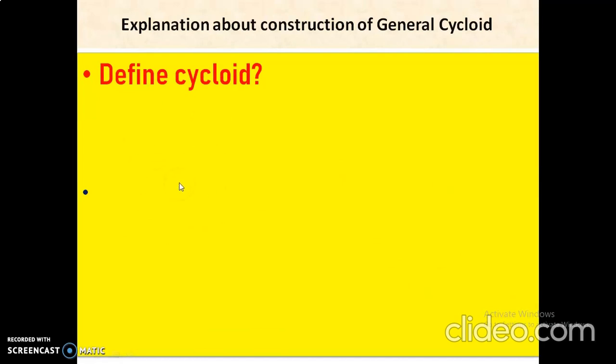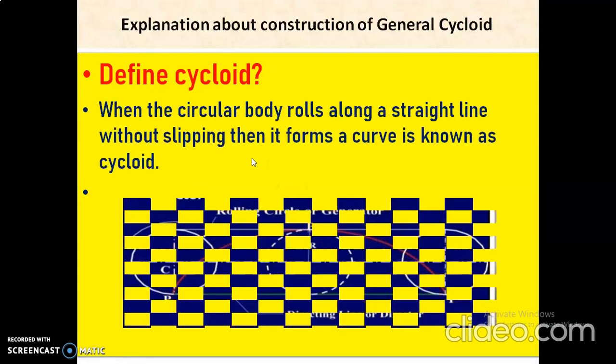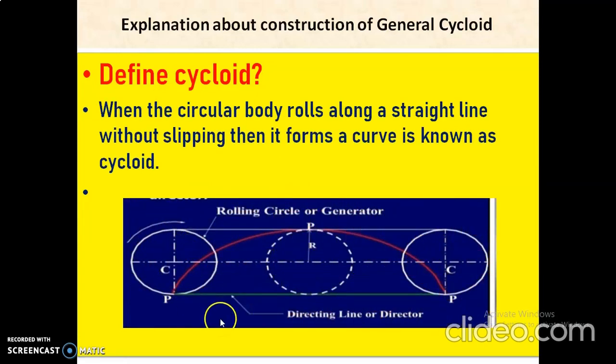Whenever a circular body rolls along a straight line without slipping, it forms one type of curve that is called a cycloid. See here, this is a circular body and this is a straight path. The circular body is rolling towards the right side.